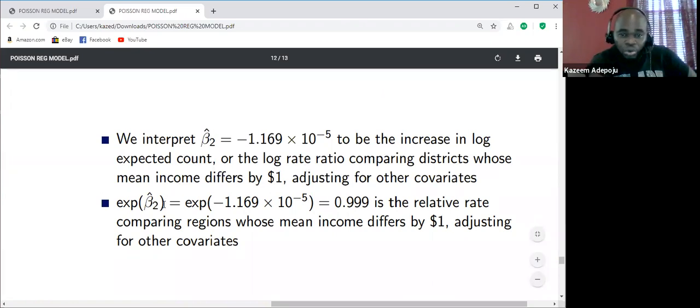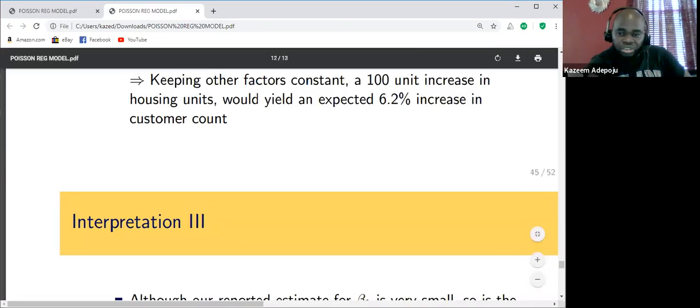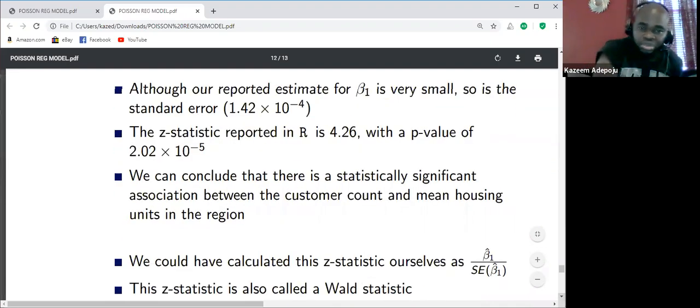And if you want to know the expected value of the beta 2, which is this one, this is the relative rate comparing regions whose mean income differ by $1, adjusting for other covariates. So these are interpretations of what we have done, and the same thing goes for every other one.